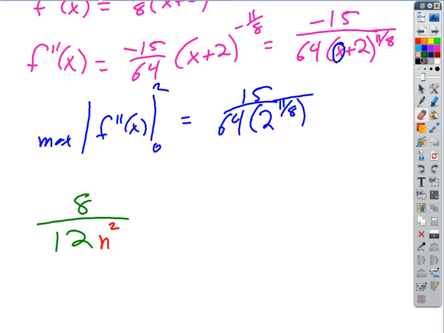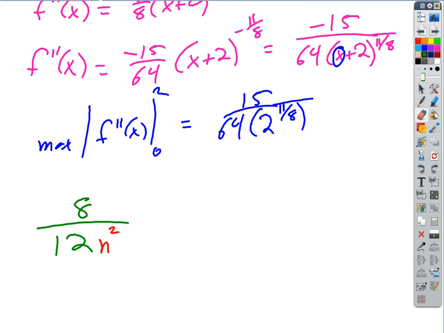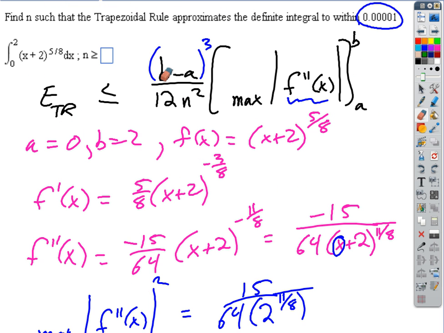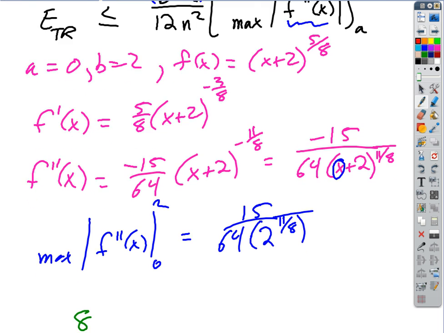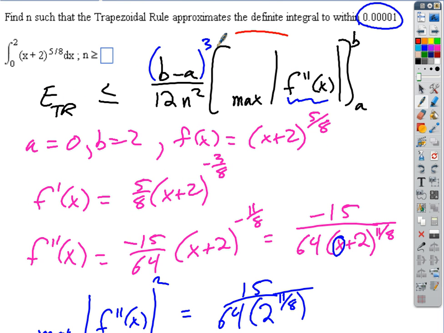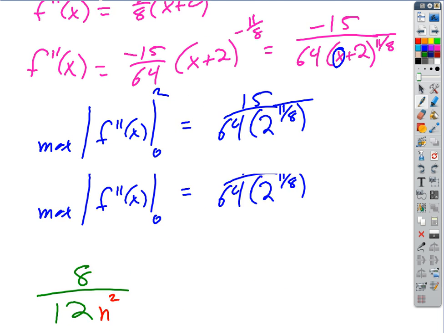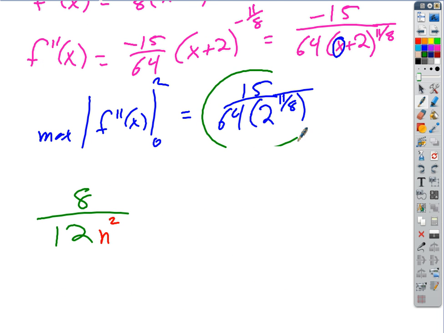Where do I get what? It's just part of the equation, if I plug in b is 2 and a is 0. Okay, everybody with me? And then all this thing right here we know becomes that.